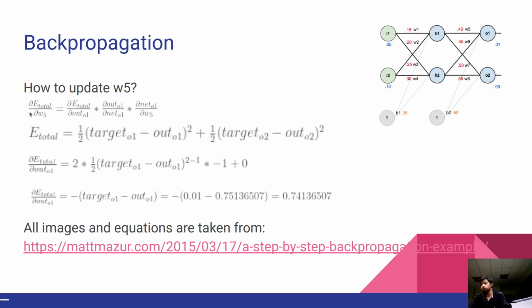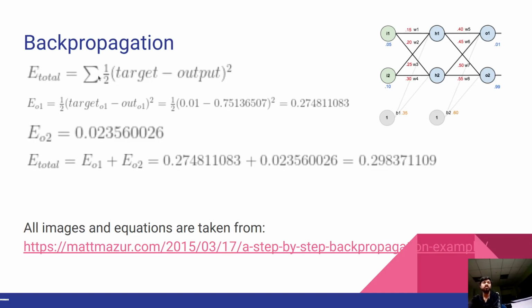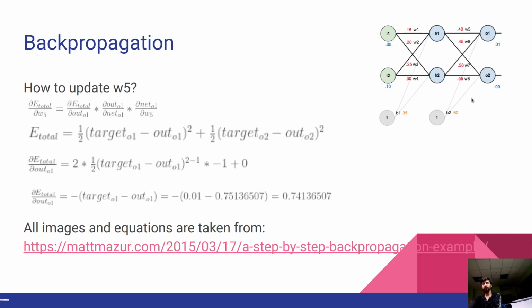No. E total, you can see here, this is the formula. The target output is not directly dependent upon W5, it is indirectly dependent upon W5, because the output is coming from W5. So how do we form a chain to find the partial derivative of E total with respect to W5?